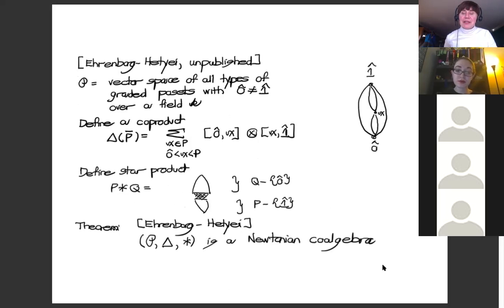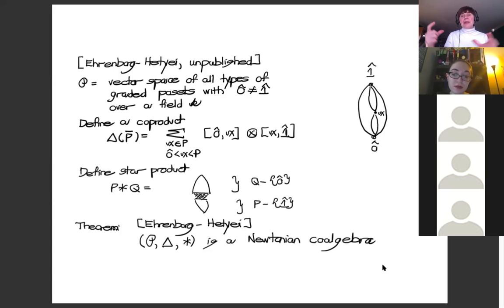All right, so let's bump this up to posets. Again, I haven't really defined posets, but think of it as a directed graph in nice levels. I'm going to have my vector space be types of graded posets, and I can define a coproduct on this poset, which is: you look for an element x in it, and then you break it up into pieces, the interval from 0 to x tensor with the interval from x to 1.